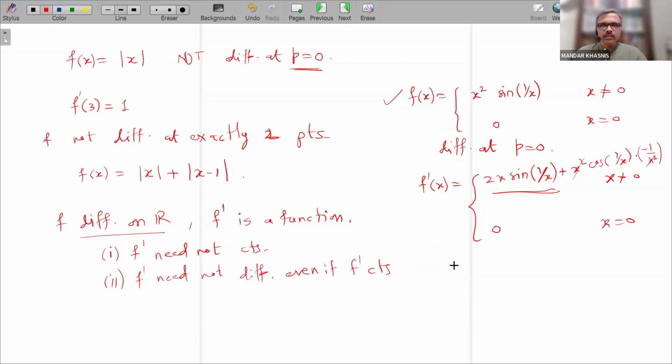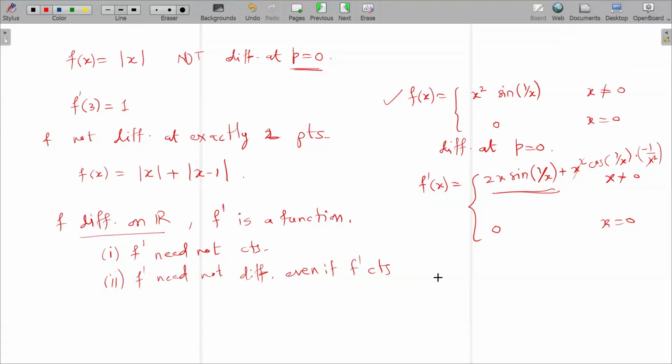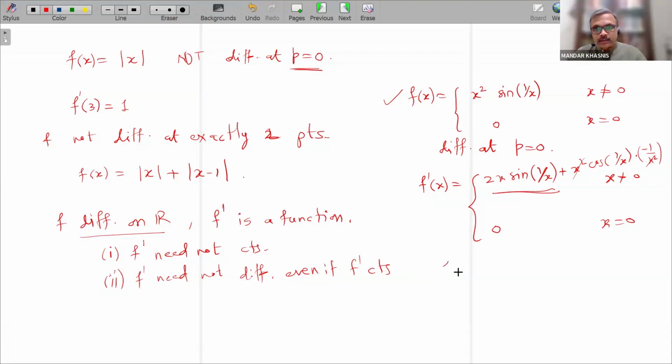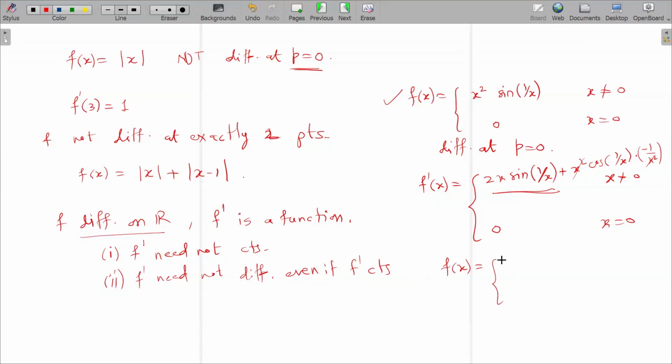Any other example? Differentiable, x cube? At least for second, yeah. f of x equal to, yeah, I missed what you said. x cube.